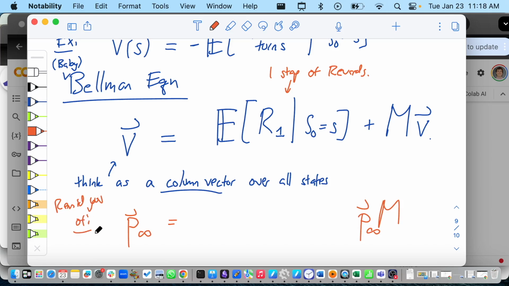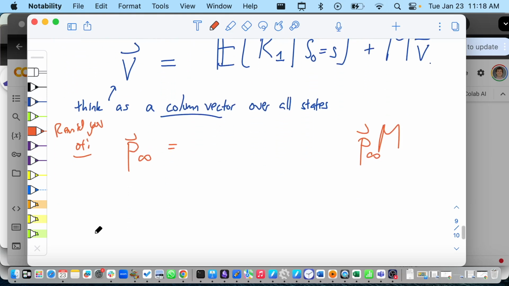The probabilities evolve as row vectors multiplied on the left. The Bellman equation is exactly like the steady state equation, but for value functions instead of for probabilities. And if you go to solve it, you will get exactly what we want.